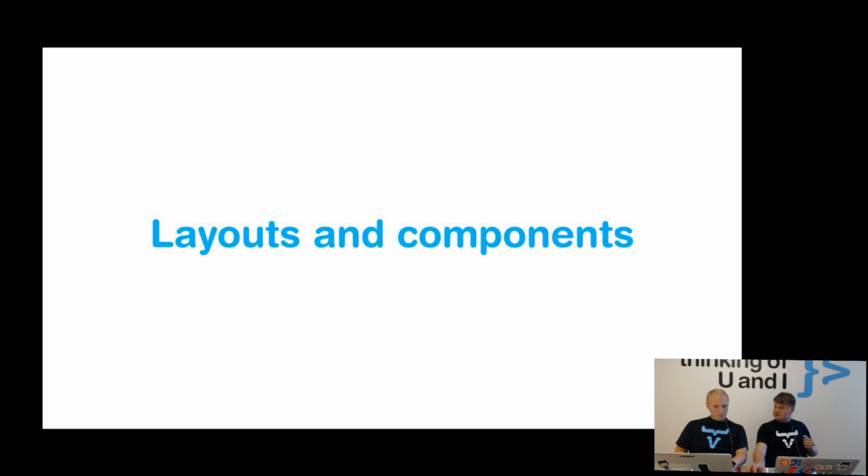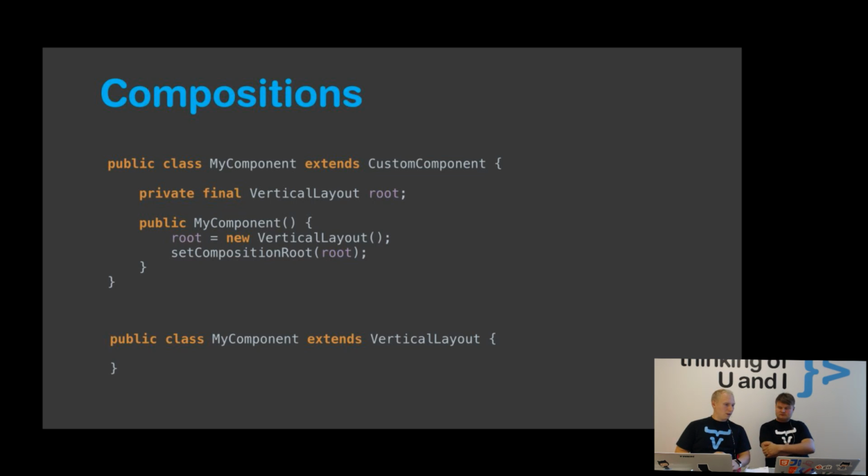So, layouts. Like Joonas mentioned, he prefers splitting the UI up into components. And in Vaadin terms, there are basically two different ways you can do that. You can either extend a custom component and define what the root of that component is, basically building your component within a custom component.